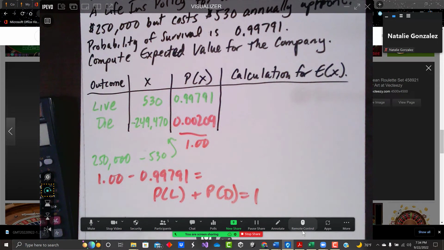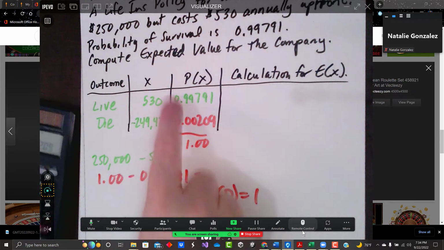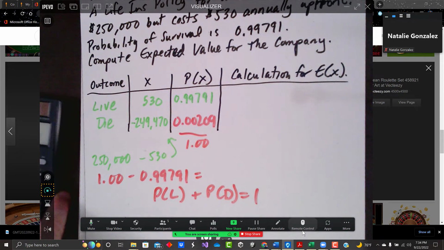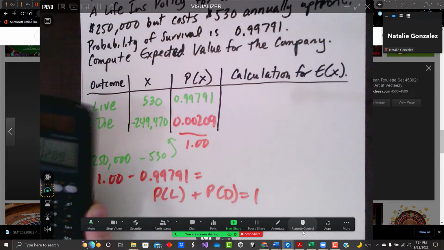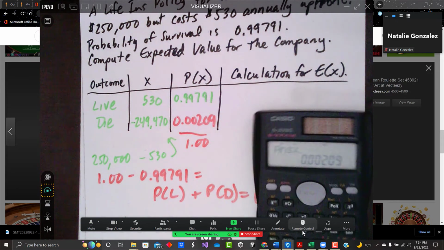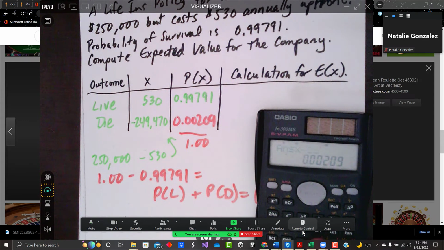All right, now the fun stuff. I'm going to take these values and multiply by the x's. X times p of x. I've already got the 0.00209 in my calculator, so I'm going to start with the bottom one first. Times negative 249,470.